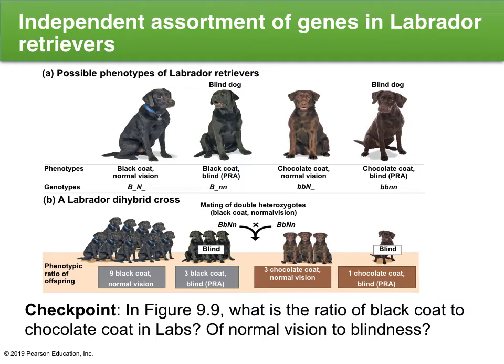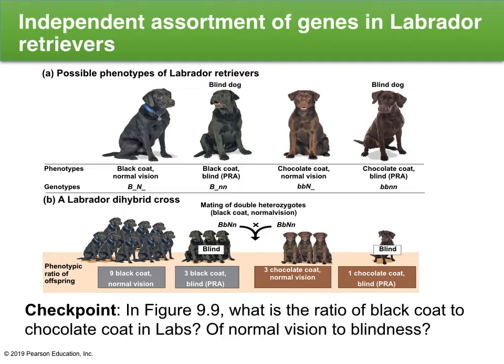So if we actually bred these dogs, you would see this pattern emerge out of 16 offspring. Now again, obviously the number of puppies varies. You'd have several matings and count up puppies over a number of dogs, but if we magically had 16 in the exact predicted ratio, 9 black coat with normal vision, both dominant traits. 3 black coat blind, so this is one of the heterozygous combinations, with the dominant for the coat and the recessive for the vision.